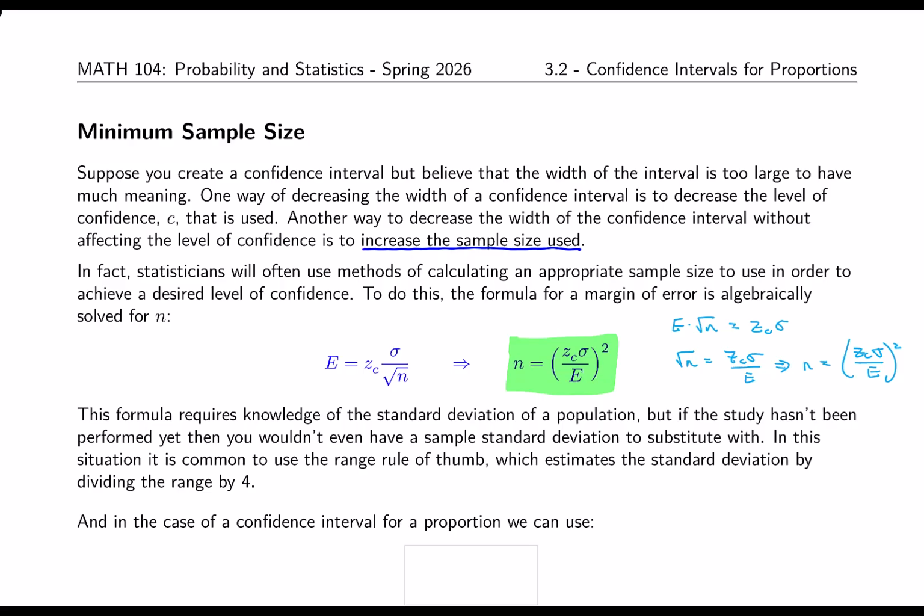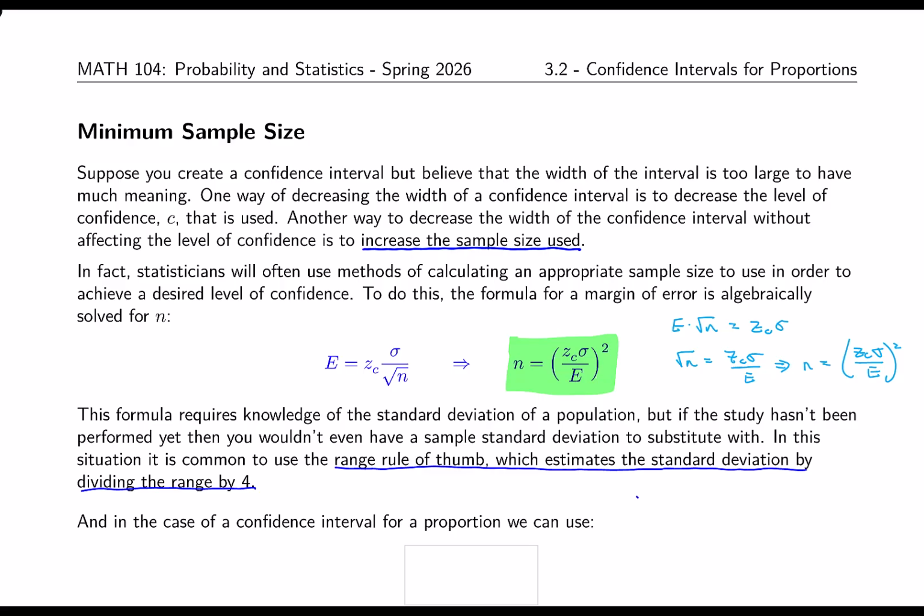So we generally would estimate the value of the standard deviation, unless it happened to be known from previous studies, for instance. And it's pretty common to use what's known as the range rule of thumb. The range rule of thumb estimates a standard deviation, and it just takes the range and divides by 4.